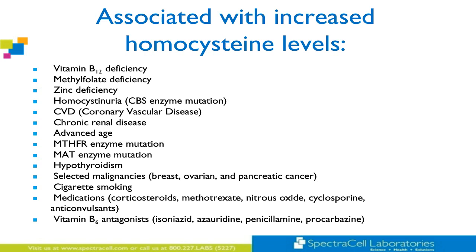But when we look at some of these other factors, for example, hypothyroidism, cancer, cigarette smoking, lots of different medications, and the reason that the medications are implicated is that, so this is a really important point to take home.